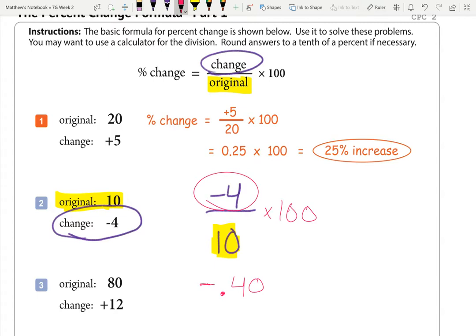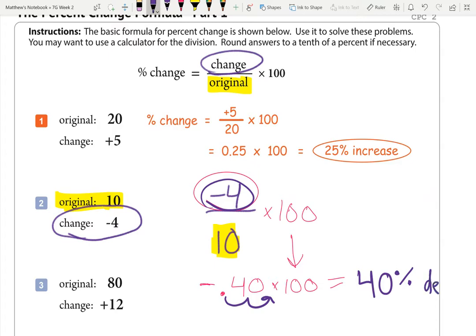And then I have to still multiply it by 100 here to convert it to a percentage. When I multiply by 100, that's going to move that decimal place over 2 spots, and my answer would be 40%. Oh, here's the key here. I have -4 on top. It's going down from 10. So it's going to be a 40% decrease.